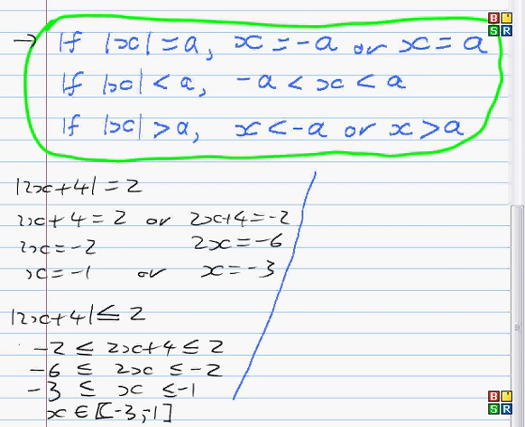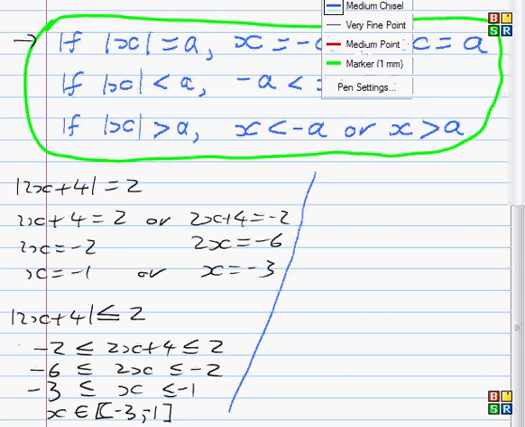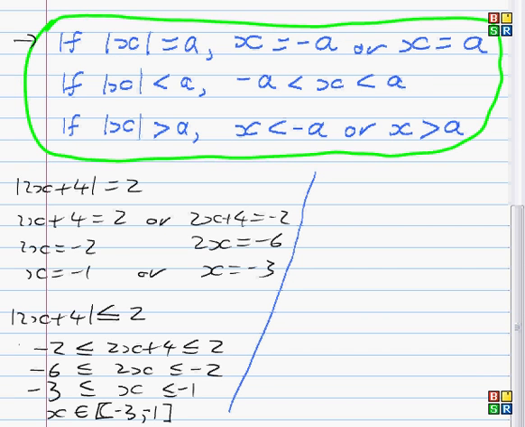And the final question we could do is solve the absolute value of 2x plus 4 is greater than or equal to 2. In this case, you use the third rule here. So what you do is you say 2x plus 4 is less than or equal to minus 2, or 2x plus 4 is greater than or equal to plus 2. And you solve these ones separately.